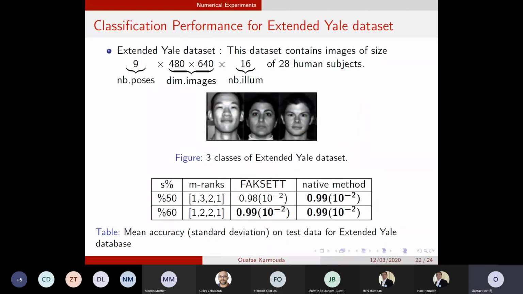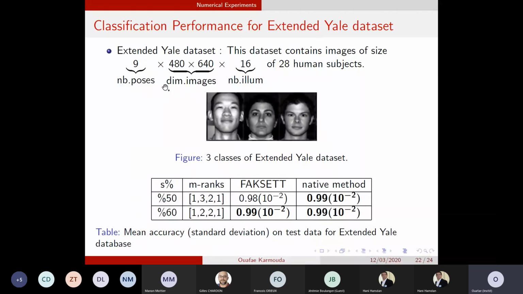So the second dataset that we're going to consider is the extended Yale dataset. It contains images of 2011 human subjects, where these images are taken in different poses and different illuminations. So we choose three classes for this dataset, and we reorganize these images in a tensor of order 4, where the first dimension is the number of poses.